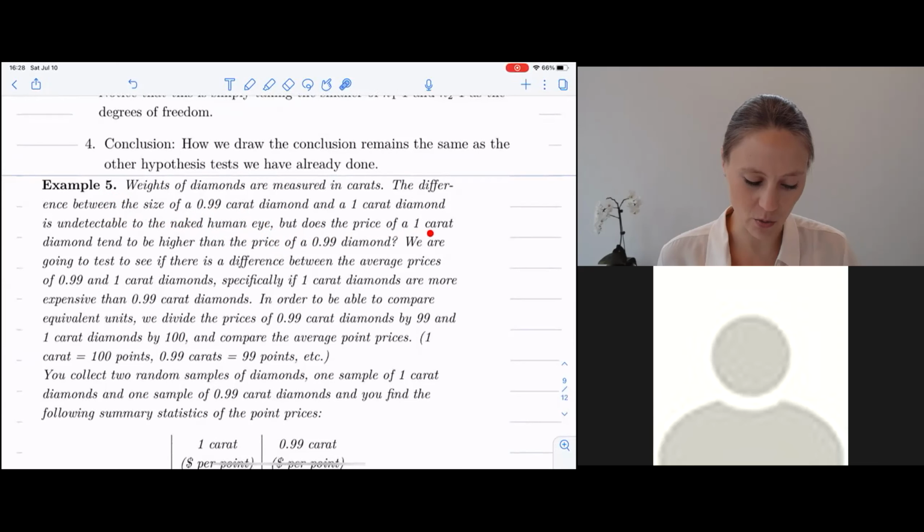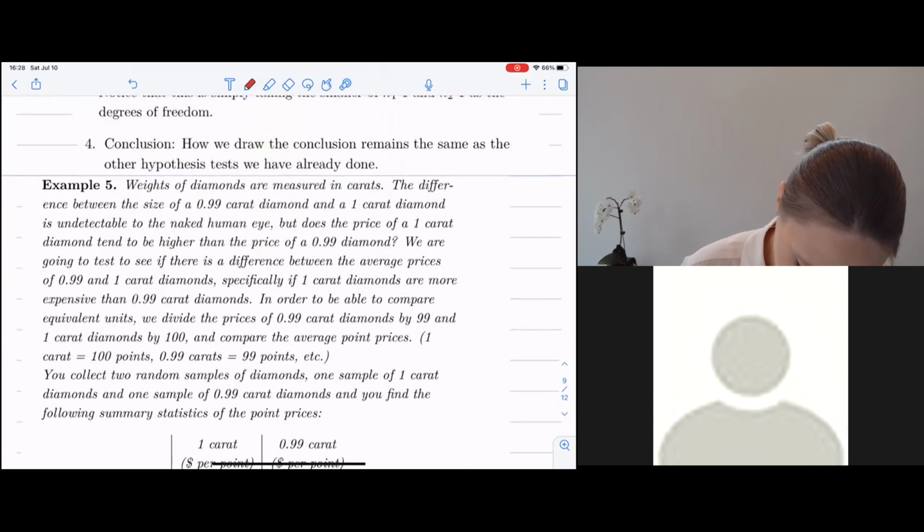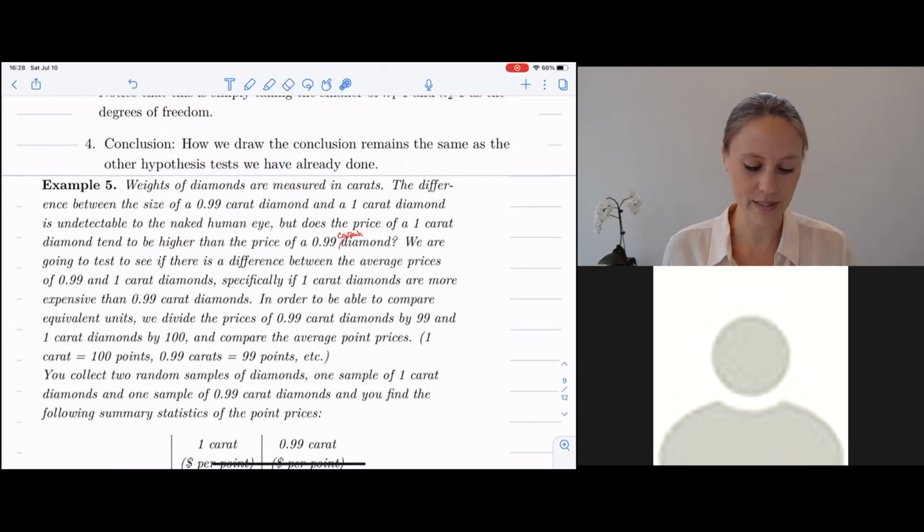But does the price of a 1 carat diamond tend to be higher than the price of a 0.99 carat diamond? We're going to test to see if there's a difference between the average prices of 0.99 and 1 carat diamonds. Specifically, if 1 carat diamonds are more expensive than 0.99 carat diamonds.